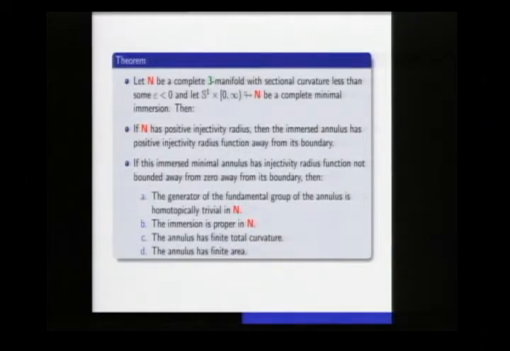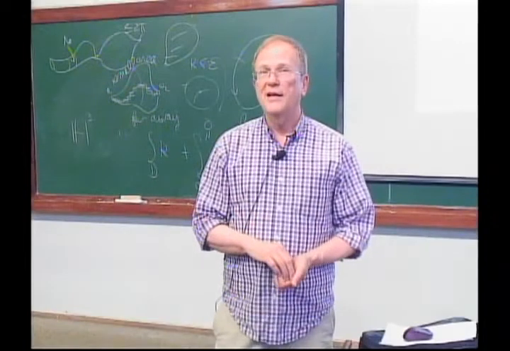We would like to prove it's always proper. I don't know, maybe it's not true, but we just started working on it a little bit. So we would like to prove that finite topology minimal surfaces are, in fact, properly embedded. And once they're properly embedded, you can say lots more things.